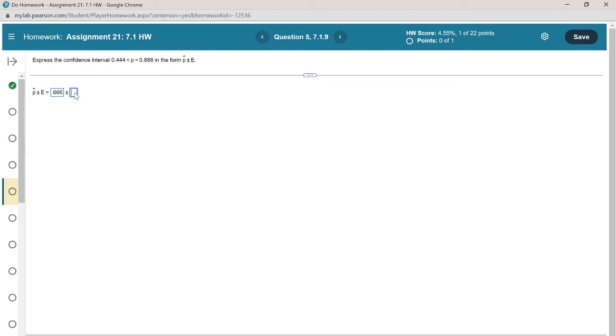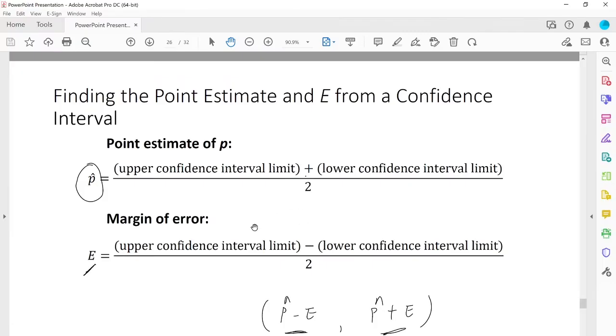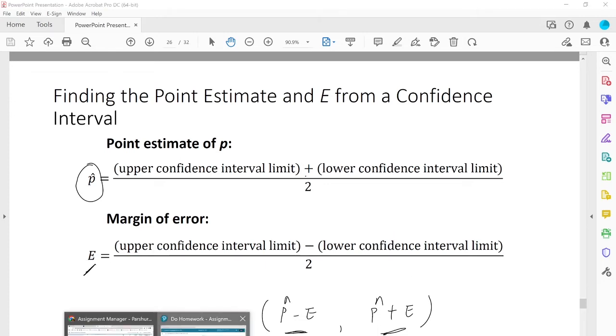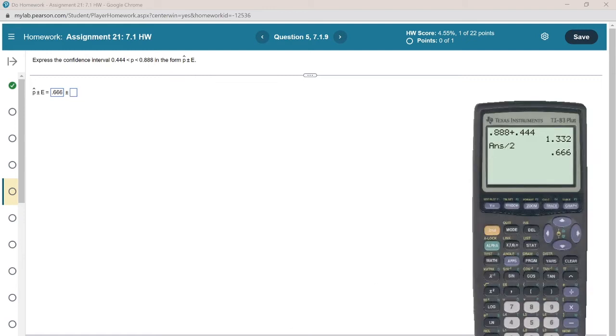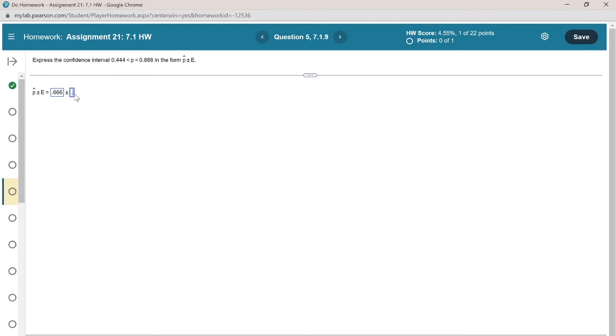How do you find the margin of error? It's the upper confidence limit minus the lower confidence limit. If you subtract the lower one from the upper one, in our case 0.888 minus 0.444, that gives us 0.444, divided by 2, and that is our error, 0.222.